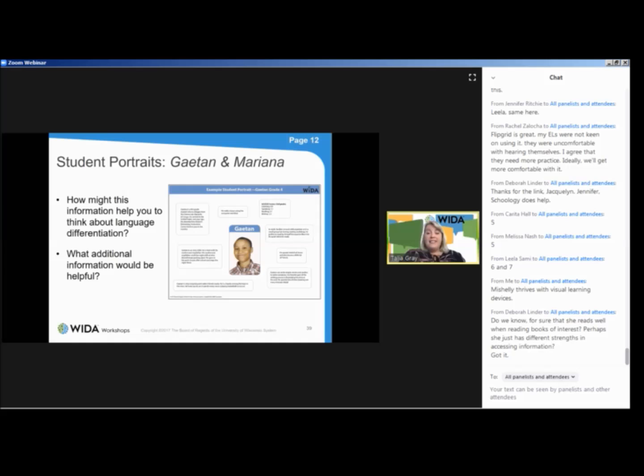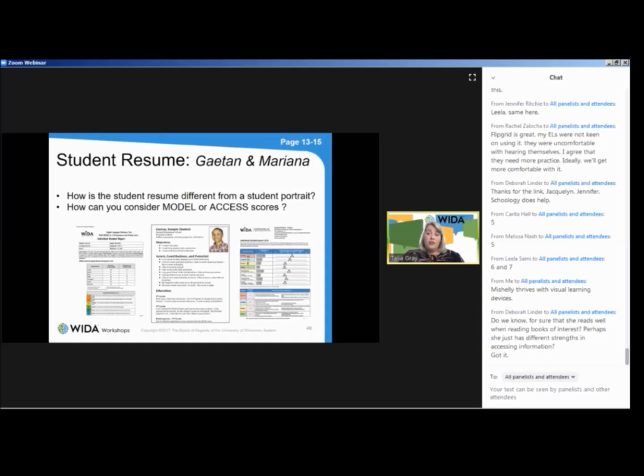Now, this is an example of a student portrait. You could also use a student resume. I think those lend themselves well to middle and high school. My own experience with student portraits is using them in elementary, of course, and I would try to make them with my students so that they are involved in creating this document.